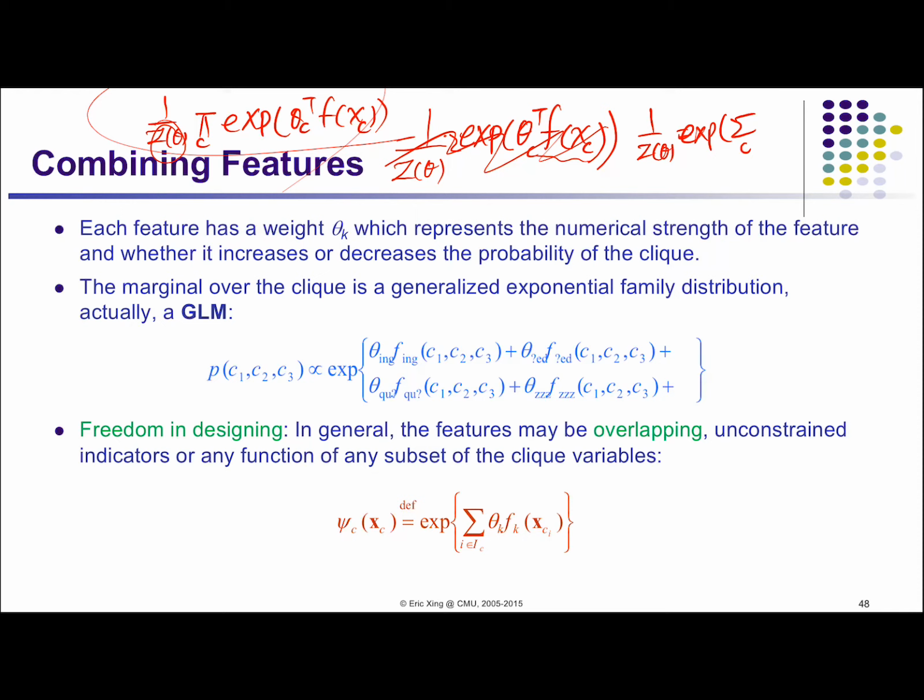exponential family. Yeah, right? So I can write it as theta_c transpose f_c(x_c), and then I can bring A inside, and I get something like theta_c minus A(theta), where A is such that e to the power of A(theta) is basically Z. Z(theta) is e to the power of A(theta).